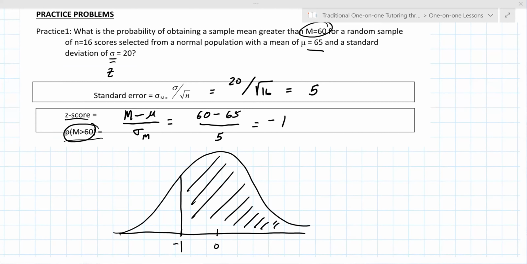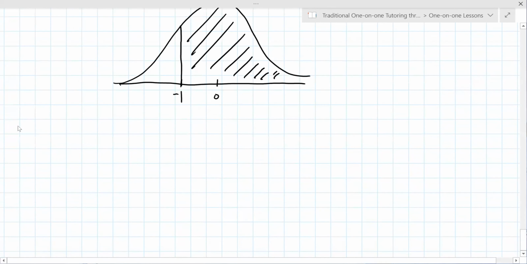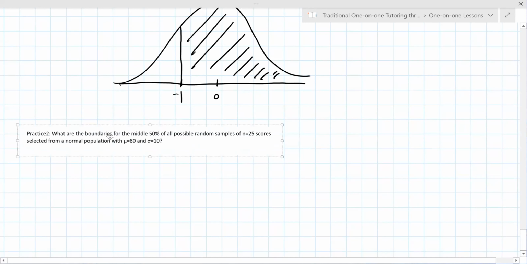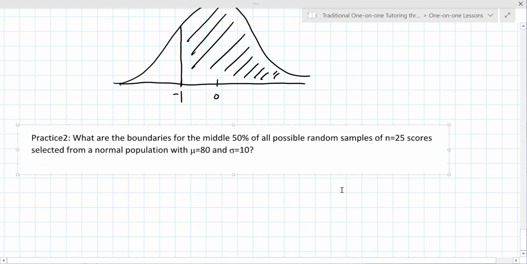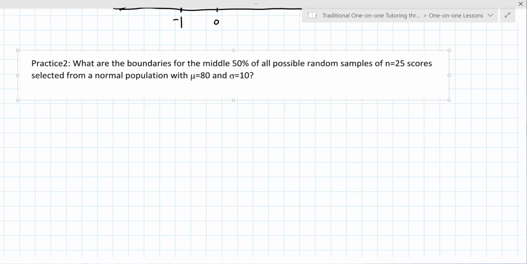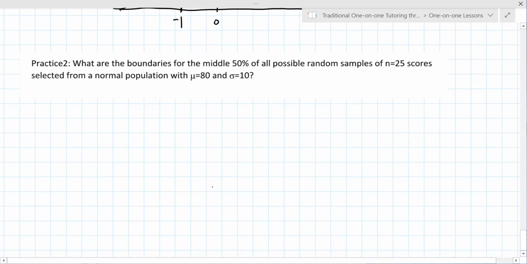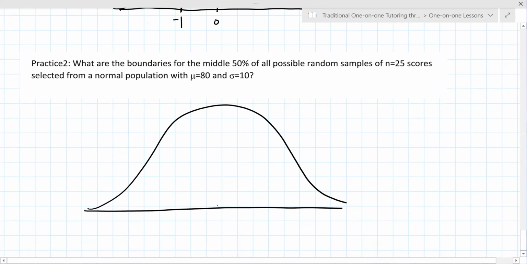So practice 2, problem 2, we can do that. All right, what are the boundaries for the middle 50% of all possible random samples of n equals 25 scores from a normal population, mu equals 80, and sigma equals 10? So what your instructor is asking for, here's your bell curve again. Here's 0.